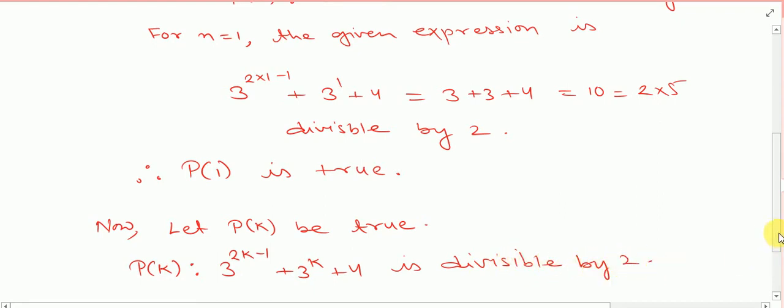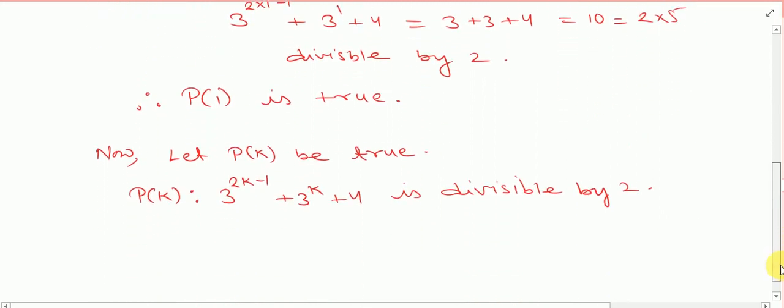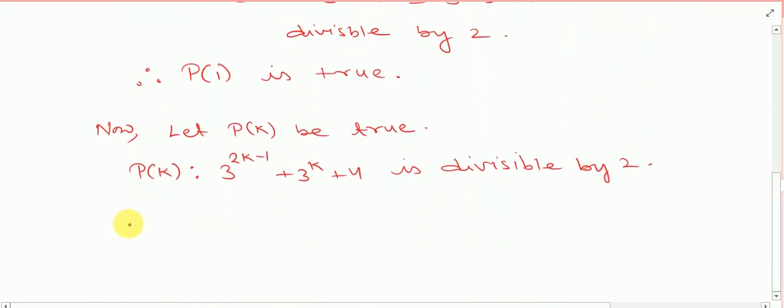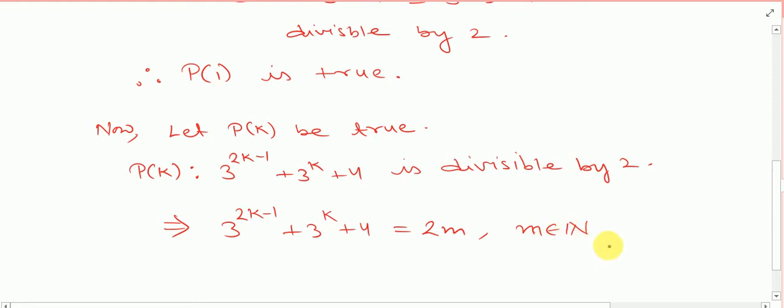Okay, and if it is divisible by 2 means this implies that 3 to the power 2k minus 1 plus 3 to the power k plus 4 is equal to 2 times some positive integer m, where m belongs to natural number. Give this as equation 1.